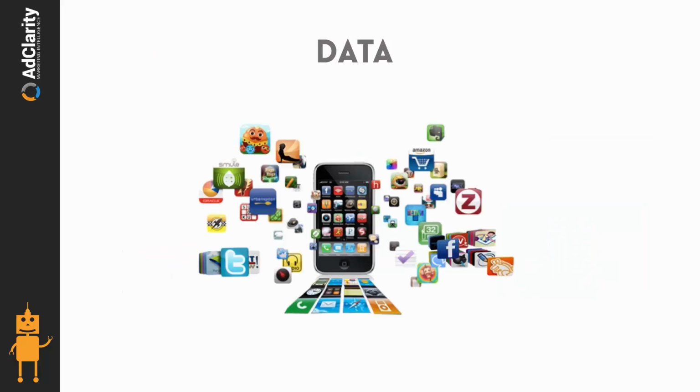Next, we have data. You have a general idea by now of how and where data is gathered from. I'd like to mention one more important characteristic unique to mobile, and that's location-based data. People go with their mobile devices everywhere, and that's something advertisers can leverage big time.